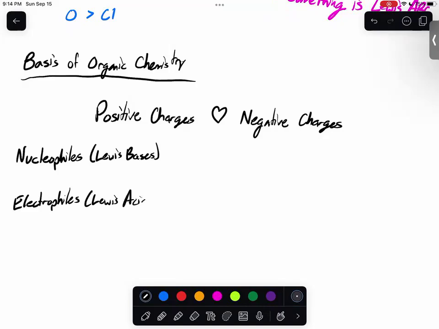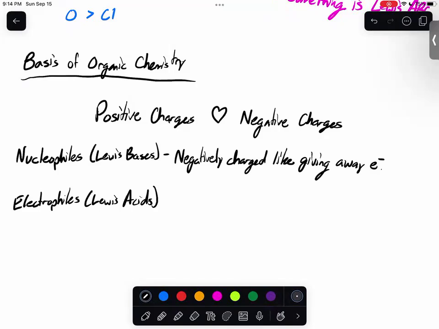And the whole idea behind these is that nucleophiles are these negatively charged things that like giving away electrons. On the opposite side of things, electrophiles are usually these positively charged things that like accepting electrons.